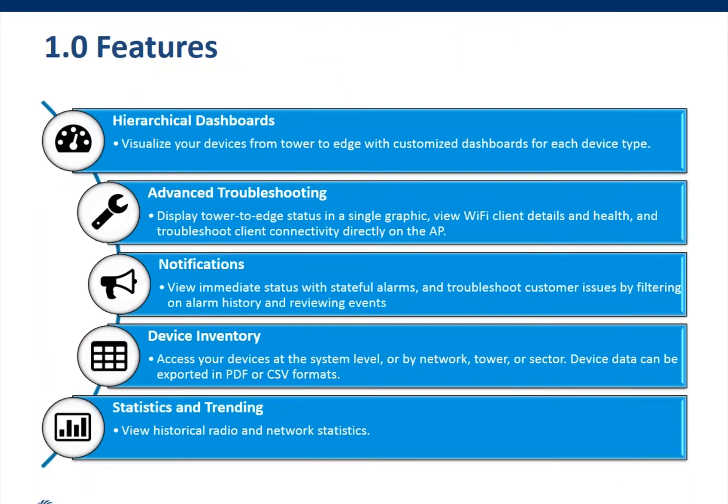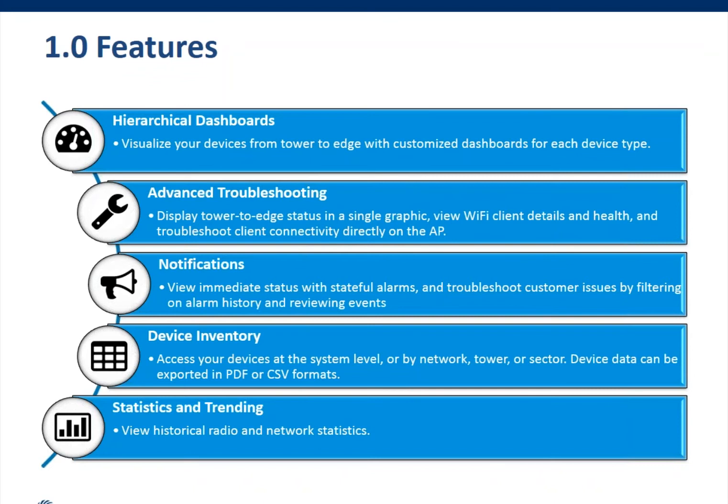Today, cnMaestro provides features such as the device tree, providing a hierarchical view of your network, and the troubleshooting view like we saw with the end-to-end AP-SM Wi-Fi example. It also provides an alarm and notification subsystem where alarms are stateful, and once the problem condition goes away, they're automatically cleared and moved to alarm history.